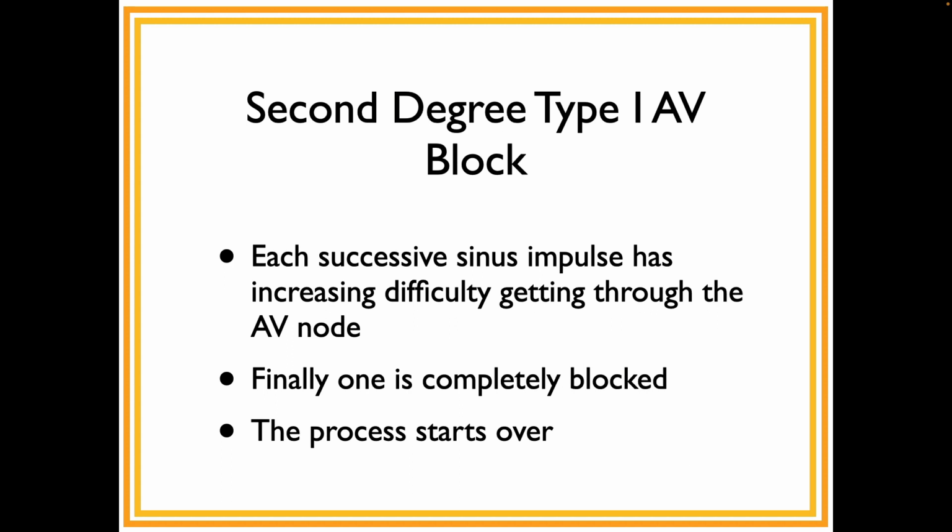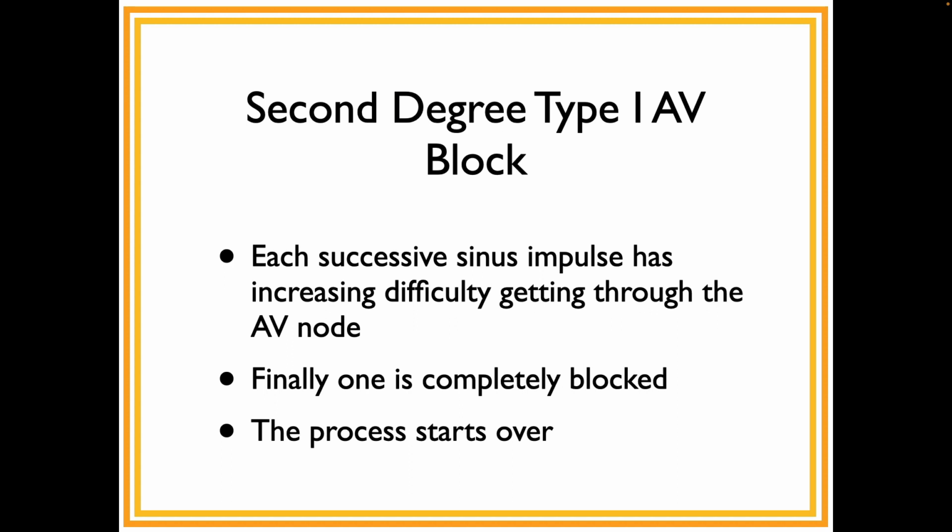An impulse comes down from the SA node, hits the AV node, and just goes right through. Maybe has a normal PRI, just goes through. The next one comes down, hits the AV node, and this time it goes through, but it takes a little bit longer. There's a little bit more of a pause, so the PR interval is a little bit more stretched out. Let's say the third one comes down, and who knows, maybe this one gets through too.